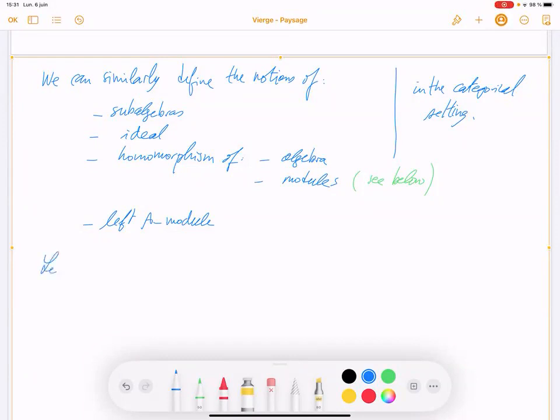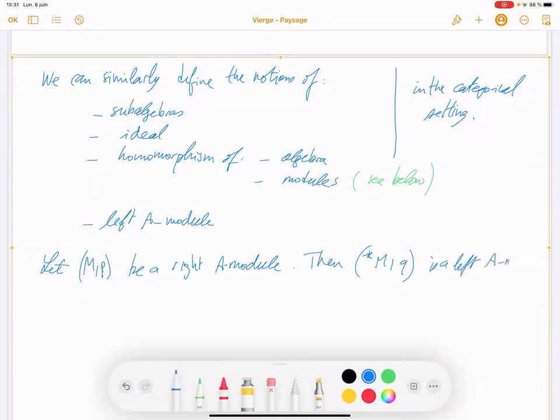Let (M, P) be a right A module. Then we have a left A module as follows. The right dual of (M, Q), where Q will be defined now, is a left A module with Q.